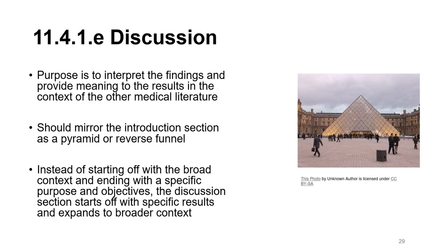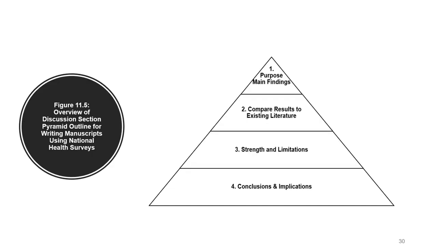So the purpose of the discussion is to interpret the findings and provide meaning to the results in the context of the other literature. It mirrors the introduction section as the reverse funnel of the pyramid. So you're starting off at the top as this is what the study aim was, and then once you get to the bottom, you're able to talk about the broader context there.